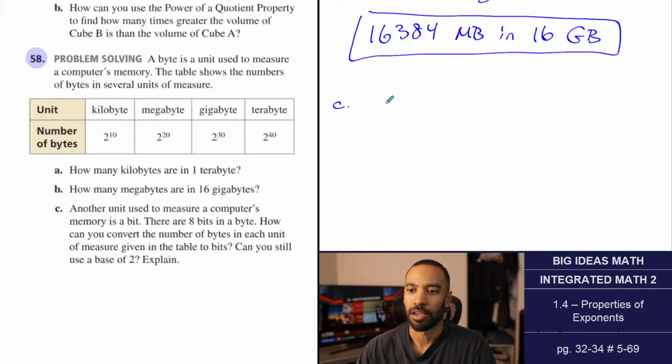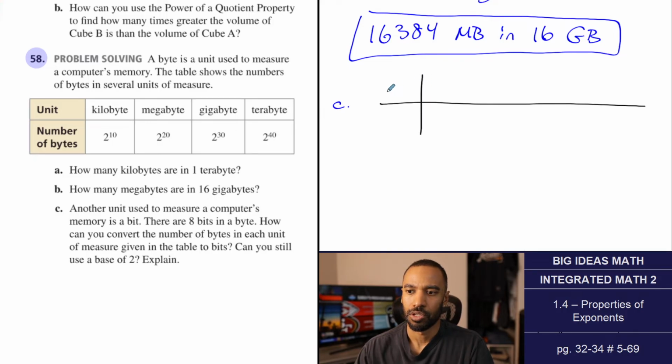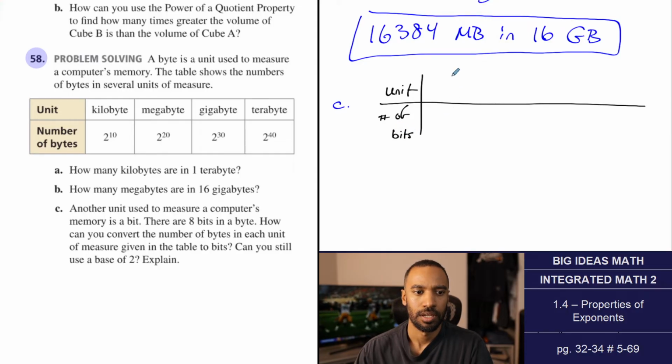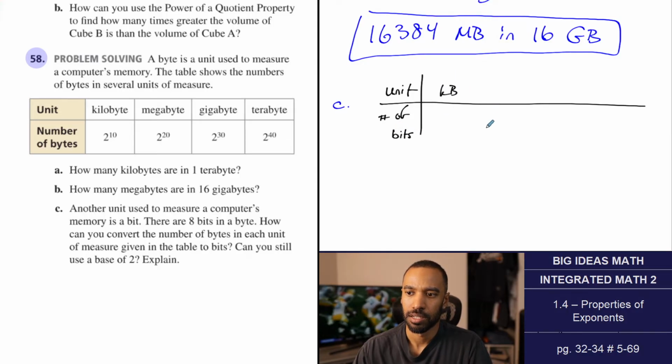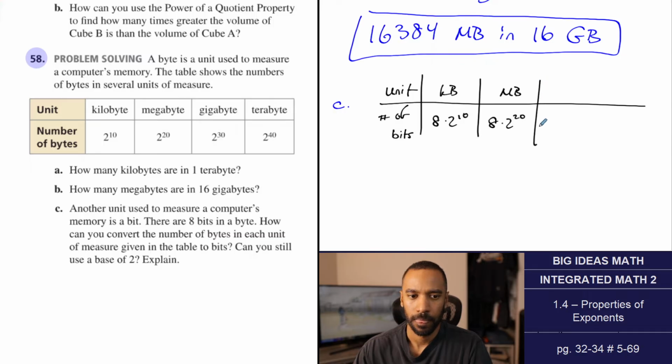Okay, so if I made this table, unit, number of bits, this time a kilobyte will have 8 times 2 to the 10th. Megabyte will have 8 times 2 to the 20th.